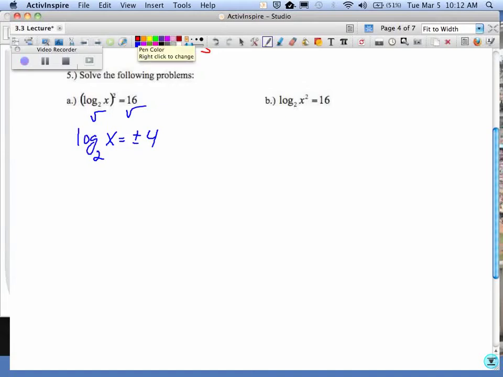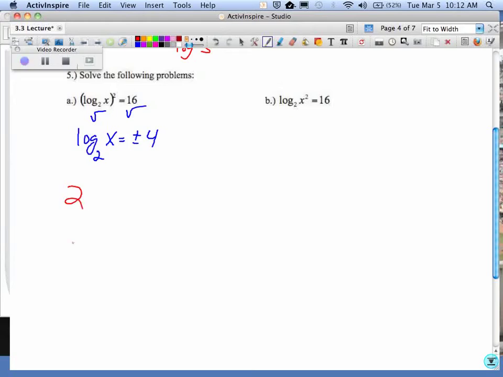Anytime you feel a little bit stuck, we're going to get out of the logarithm form into exponential form. Or get out of exponential form and write in logarithm form. So switch. So logarithm base 2 is my exponential base 2. We say that logarithms are always equal to the exponent.